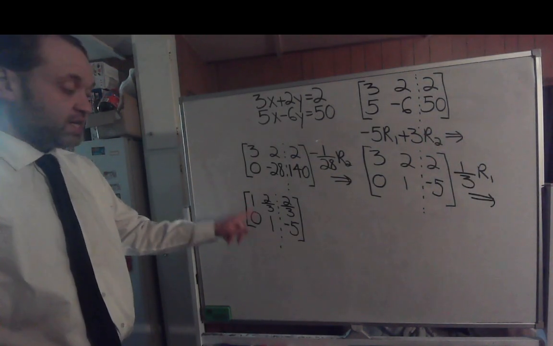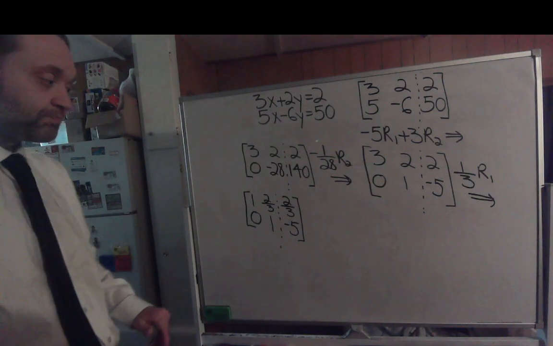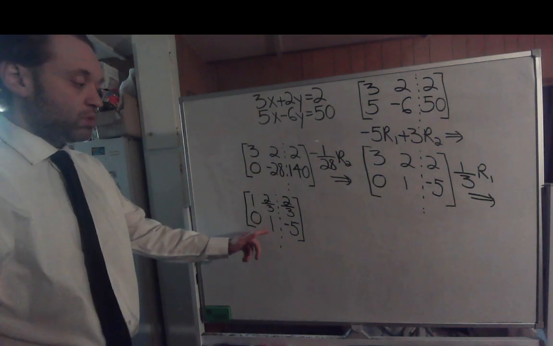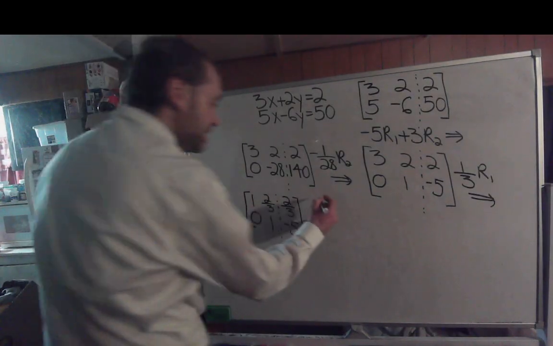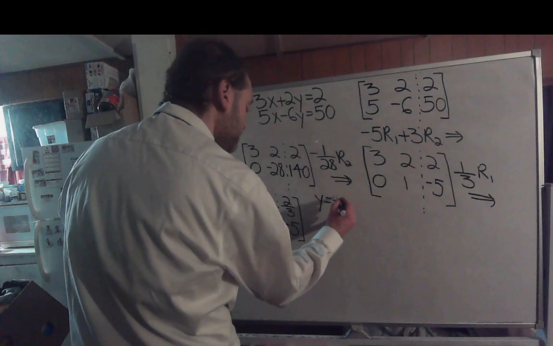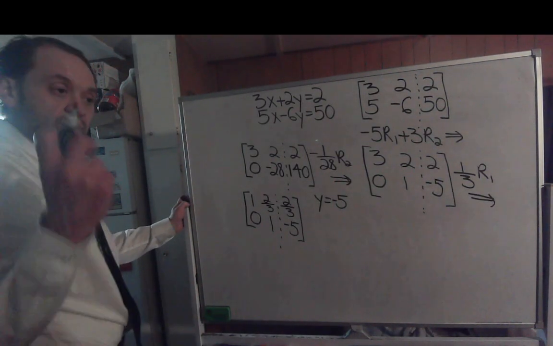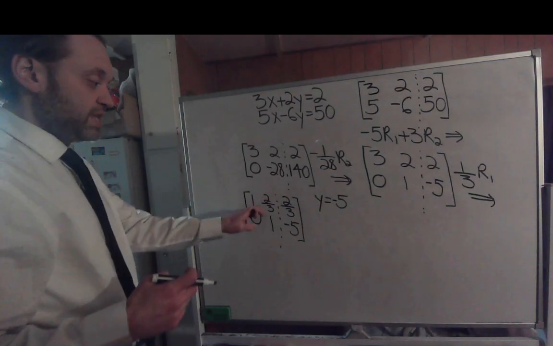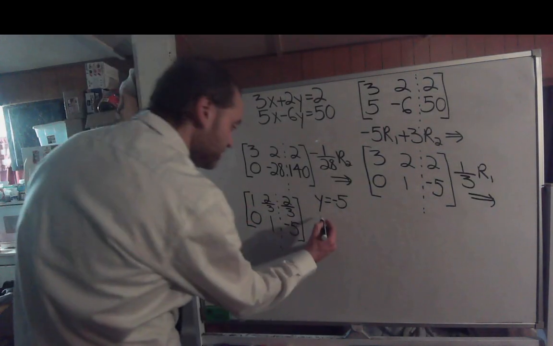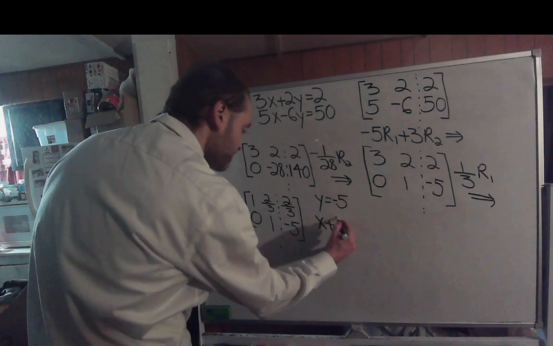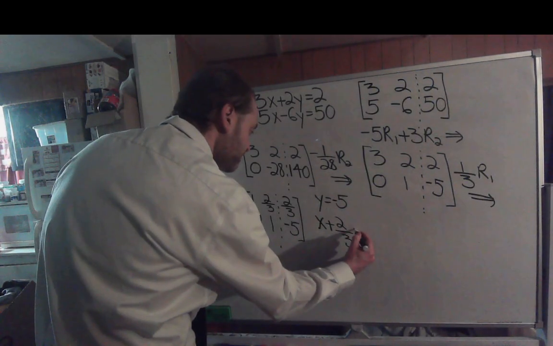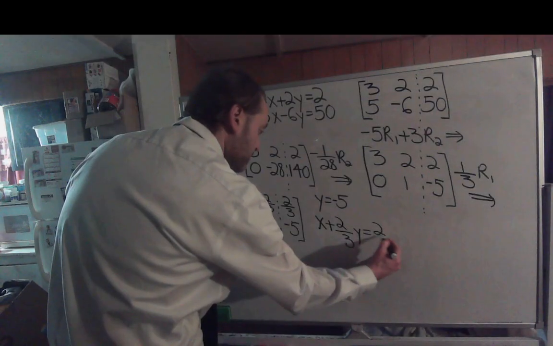The leading digit in each row is a 1. This is telling you that y equals negative 5, so we're good there. Y equals negative 5. We found that solution. Now we're going to use back substitution. So you're going to put that into your top row. This is telling you that x plus 2/3 y equals 2/3.